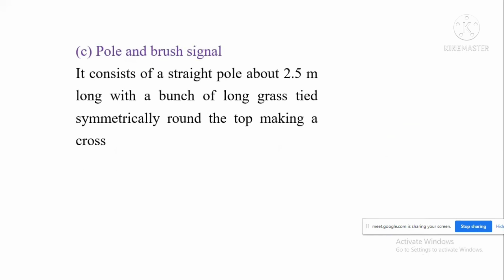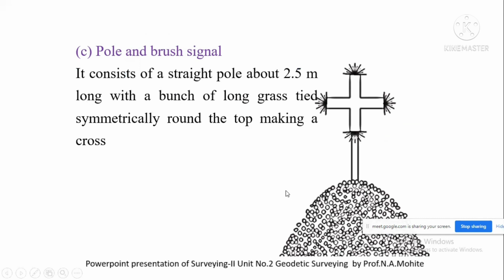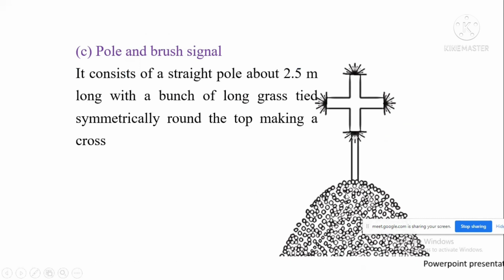Next, the pole and brush signal. This consists of a straight pole 2.5 meters long, erected over a concrete block, and long grass is tied to it so that it can be visible.